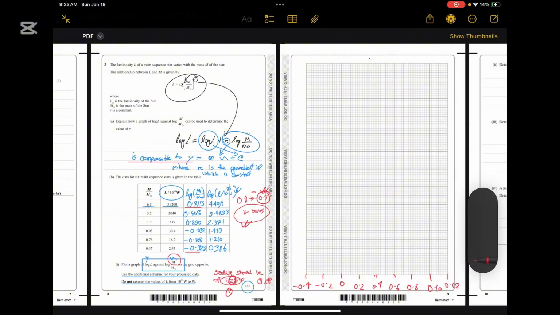Now let's take the scaling of the y-axis. This is the x-axis, sorry, my bad. Log M divided by M naught is our x-axis. Yes, we have taken our x-axis. Now let's take our y-axis.